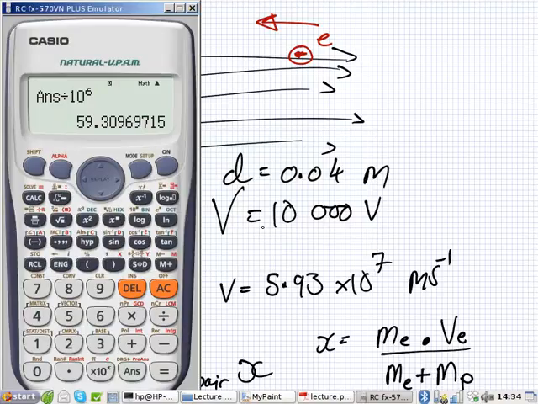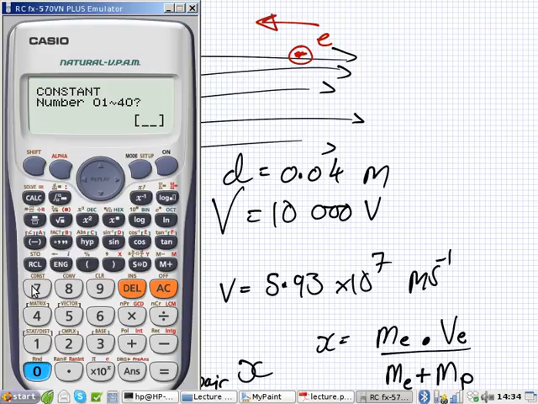So if I hit that in on the calculator, mass of the electron is constant number 3, and the proton is constant 3 and 1. And that must multiply by my previous answer. 190 by 10 to the power 7.